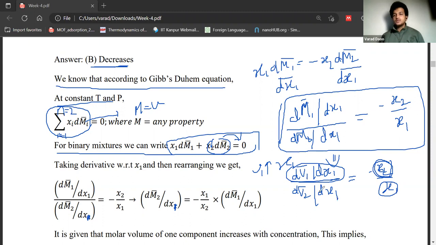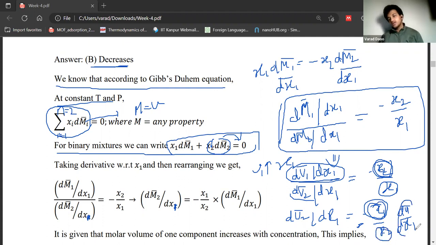If we rearrange it, we get dv2 bar by dx1 is equal to minus of x1 by x2 into dv1 bar by dx1. I just took this to this side and cross multiplied. Here x1 is going to be positive, we have a negative sign, x2 is going to be positive, and we are already given that v1 is increasing with x1, so dv1 bar by dx1 is also positive.